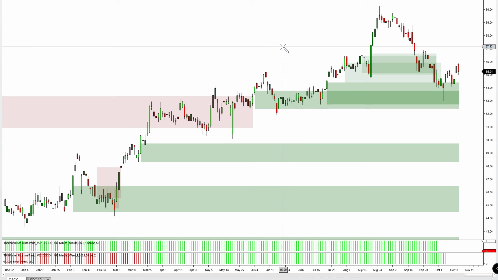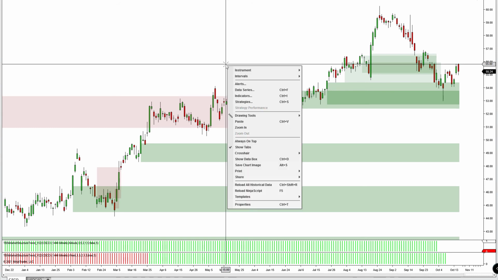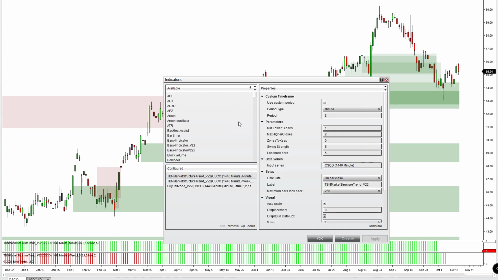You can use it on any time frame, any chart. What you see down here is the market structure trend indicator. I have it applied 2 times. The nice thing about this indicator is I can pull in another time frame. So that saves me from having to have multiple charts open and always having to analyze trend.